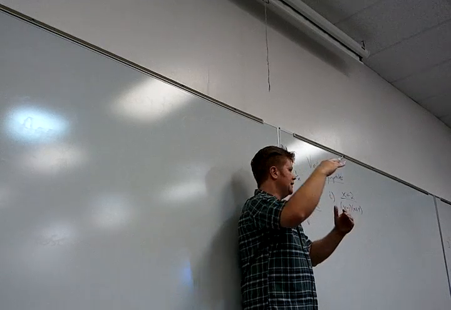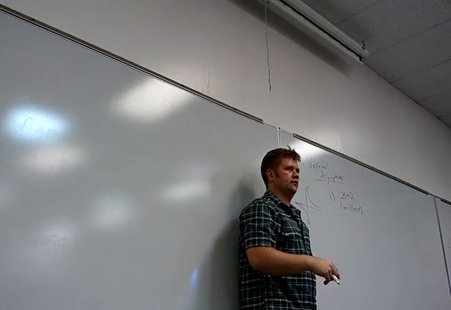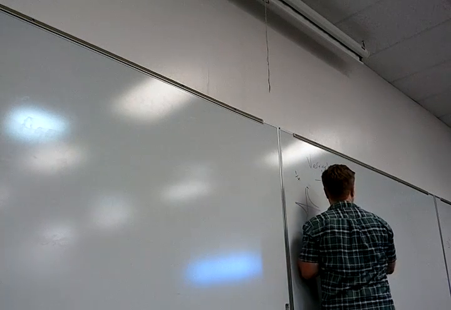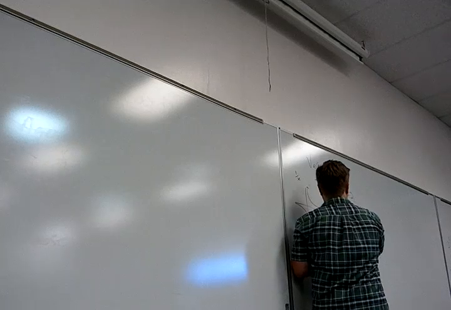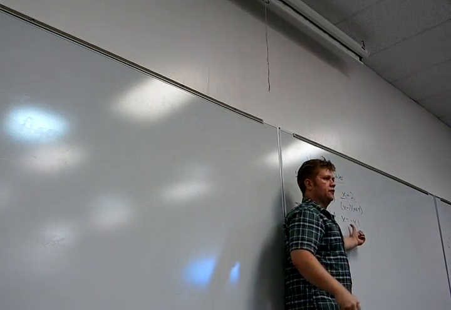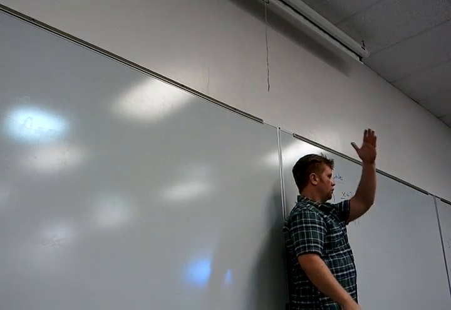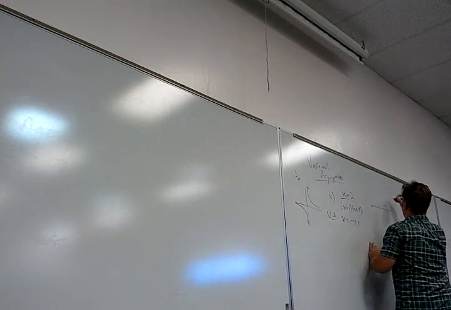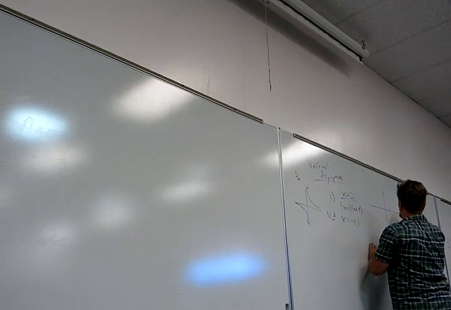It cannot exist over what two x values? Yeah, -4 and 1. So there's my vertical asymptotes. That's actually the equations of my vertical asymptotes: x equals -4, x equals 1. Cool. So the first thing I can do for this problem is set those up.